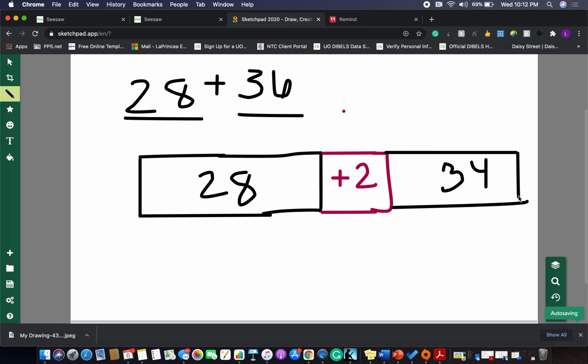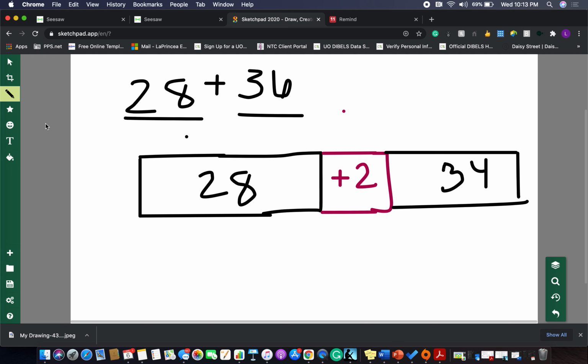Why did I write 34 instead of 36 on this side? Because up here I had 36, and down here I wrote 34 instead. So hopefully you're saying, because I used 2 right here to make 28 into 30. So that 2 that I used, I took away from 36, and now this has become the number 34.